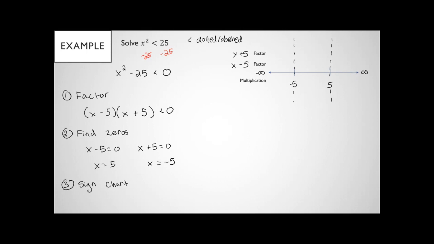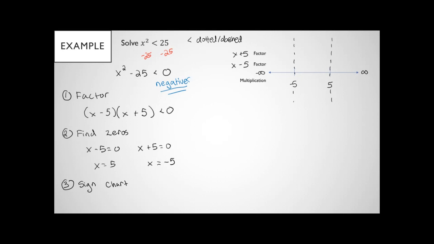And we are looking for, because it's less than 0, we want negatives. So we're going to be looking for negatives when we're looking at our final answer on the bottom. The last problem is greater than or equal to, so we wanted the positive values. Here we want the negative values.